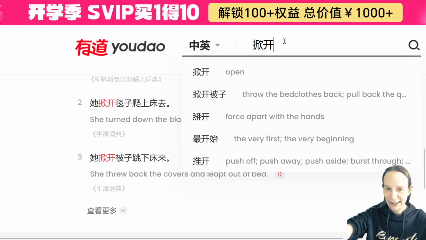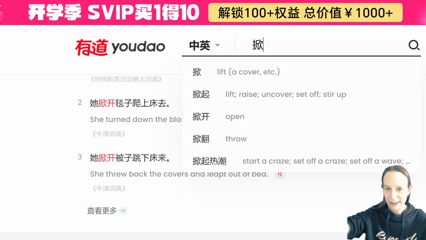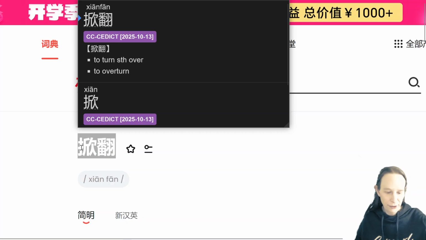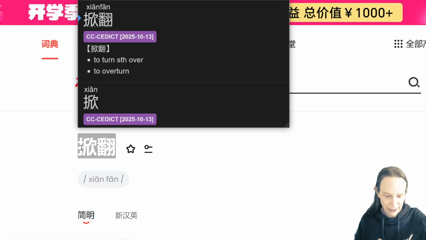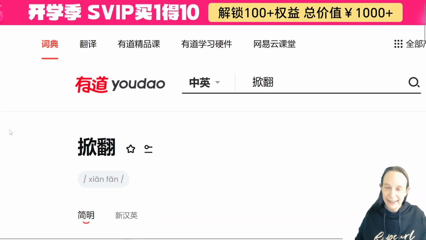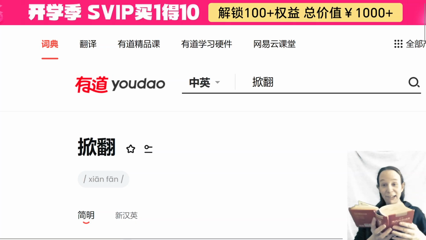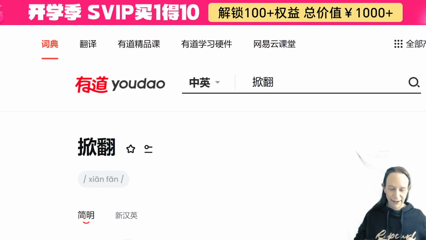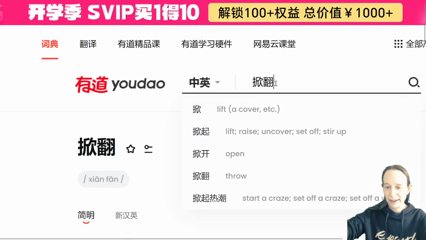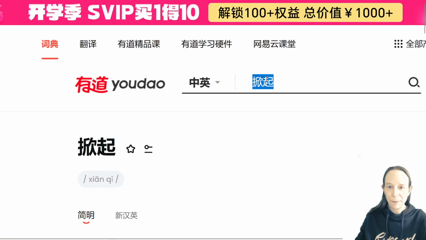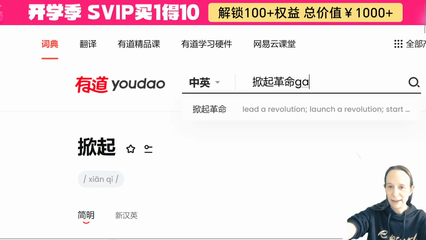Okay, so 掀开被子, right back there. 掀翻. I know, but this might be the second definition in the dictionary. The second definition is 发动兴起. So they got 掀起革命高潮. What? 革命高潮.